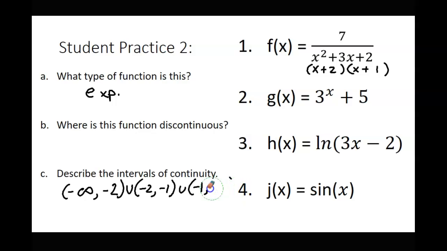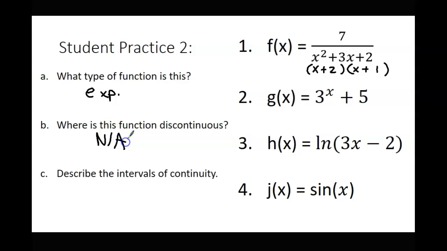So if it's continuous everywhere, that means there are no places where it's discontinuous, right? So you also gave me my answer to the last one, from -infinity to +infinity, or you could just say continuous everywhere. That's fine. All right, let's take a look at the next one there.